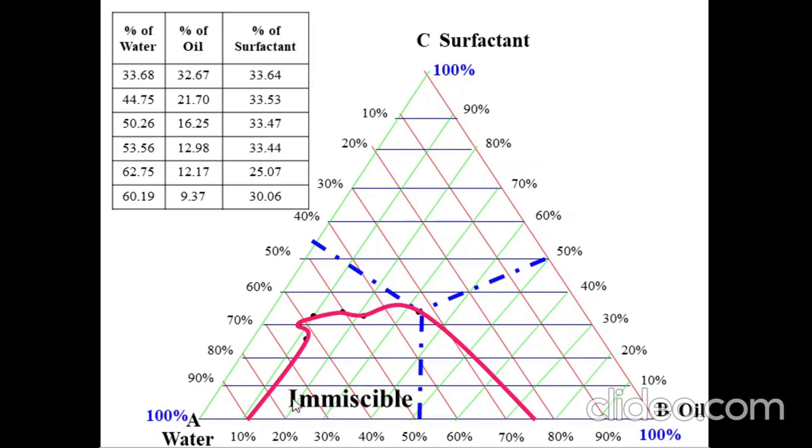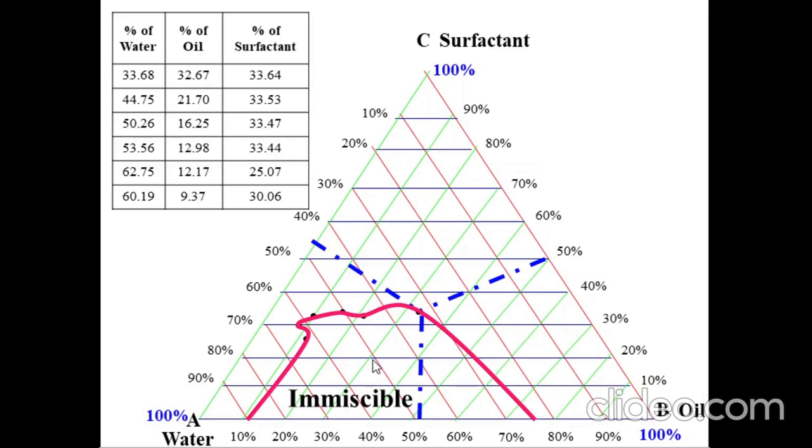Now, within this curve, whatever the compositions of the 3 components, all these compositions represent immiscible phases. That means, say for example, this blue line represents 20% of surfactant and the green line represents 30% of oil and red line represents 50% of water.